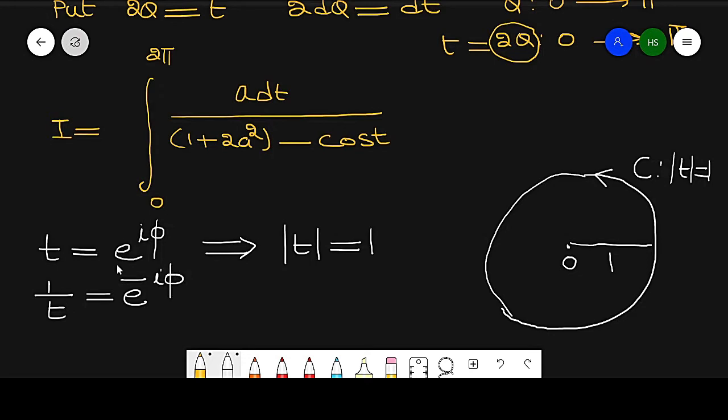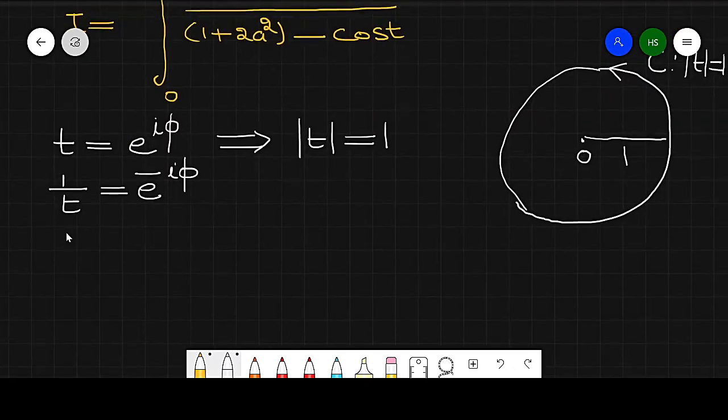Now from these two equations we can get the value of cos phi as well as sin phi. But here I need cos of t, so just my requirement is cos of t. So here I used not phi, here I used t.